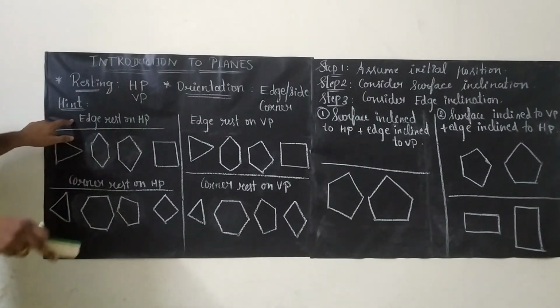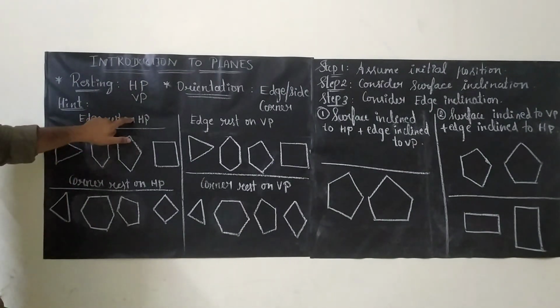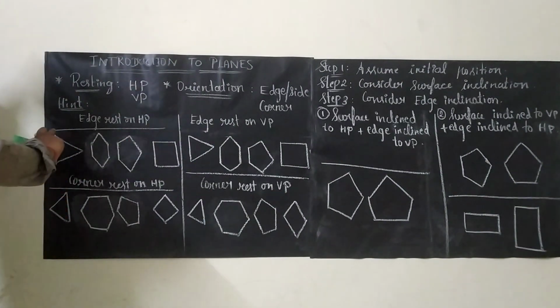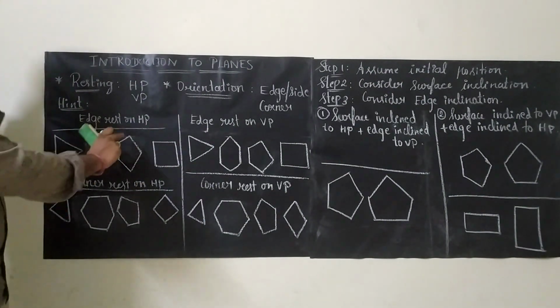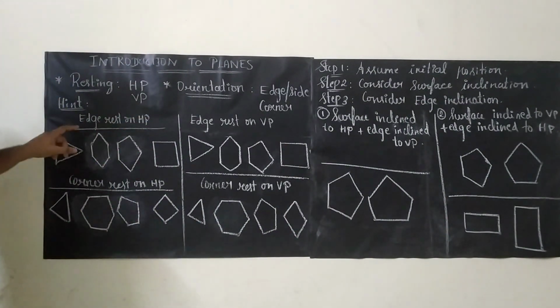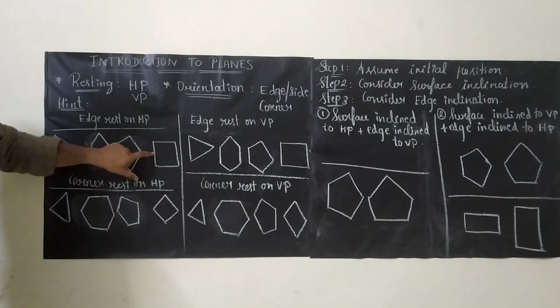So when it is edge resting on HP, this line will be your reference line, the XY line. Above will be the vertical plane and below will be the horizontal plane. They have clearly given that it is the edge resting, so just consider from the left. This is an edge and this one is an edge, and this one is an edge.